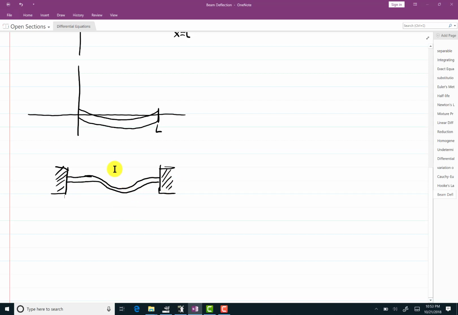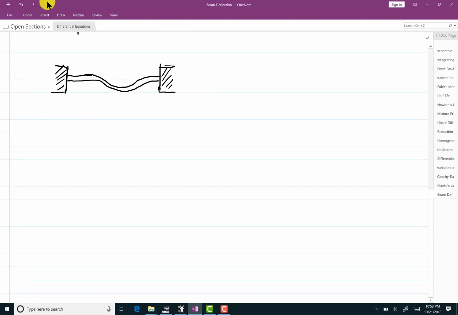So this would be a weight somewhere in here. So that's one kind of thing. You can see the shape of this thing looks like that. On the freely supported stuff, it'll come down and make a nice U shape probably. Like so.